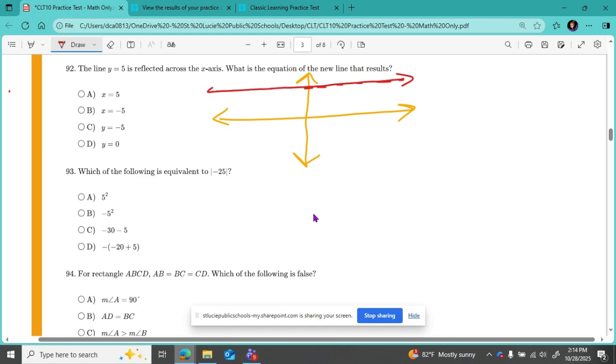So we have a horizontal line here. And if I were to take my coordinate plane and fold it on the x-axis, this red line would move down here at y equals negative 5.